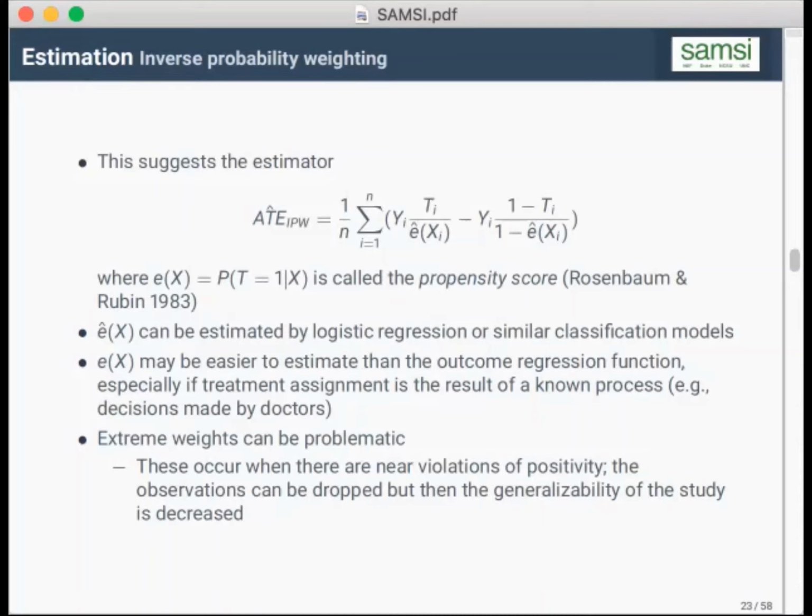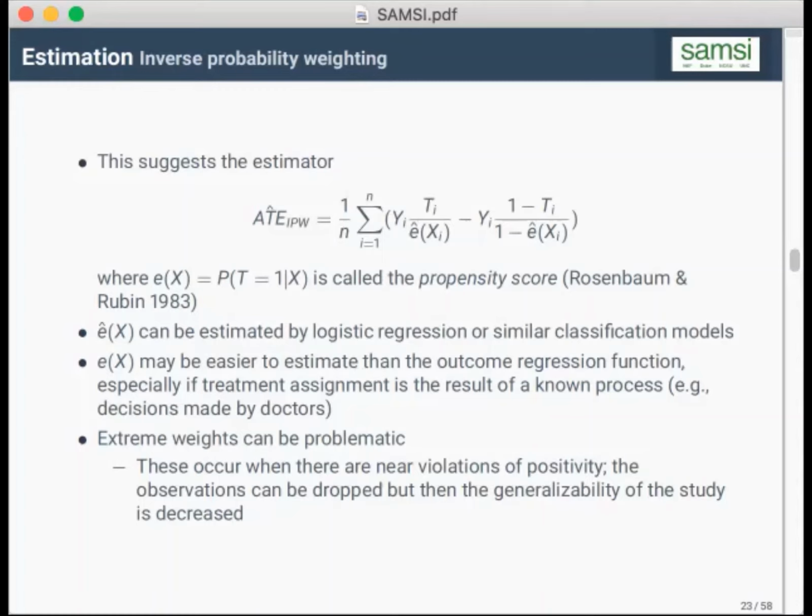So for example, if doctors are using medical records to decide what treatment to give a patient, they might be able to tell researchers very clearly exactly what covariates go into the propensity score and what role they play. Or even better, if an algorithm is being applied to some measured covariates on patients to spit out a treatment recommendation, then the propensity score model is known. And obviously, that's easier to correctly specify than an unknown outcome regression model.